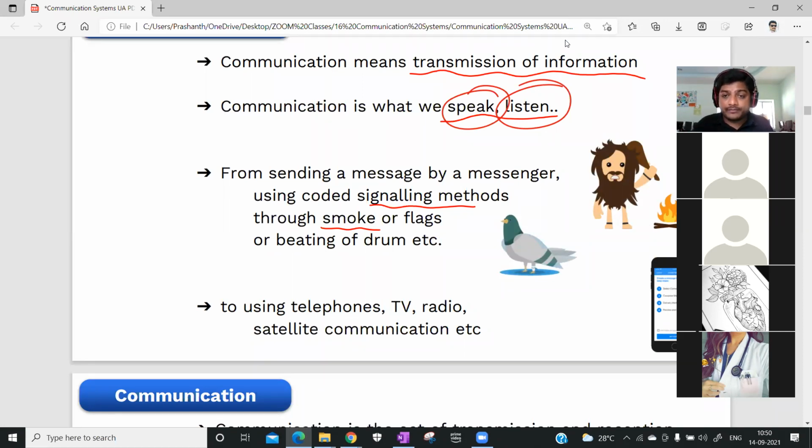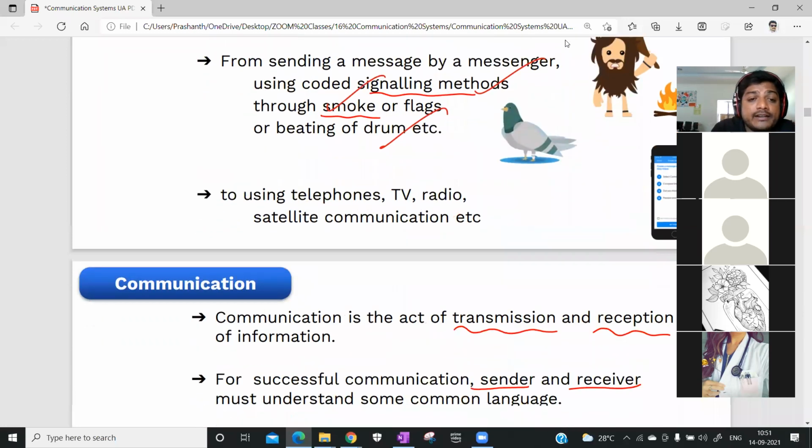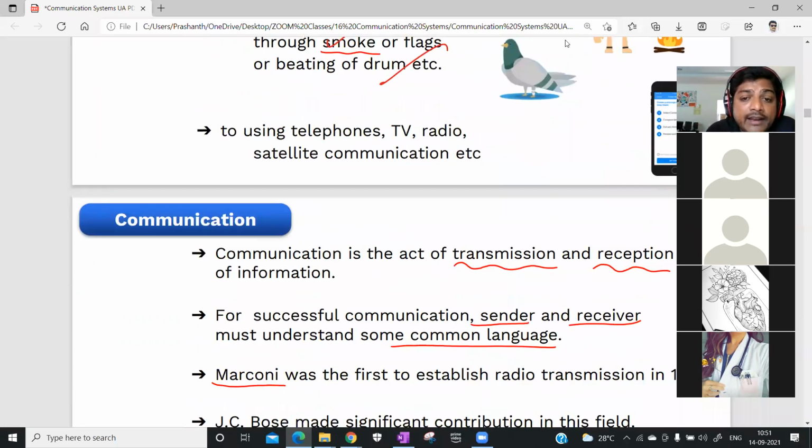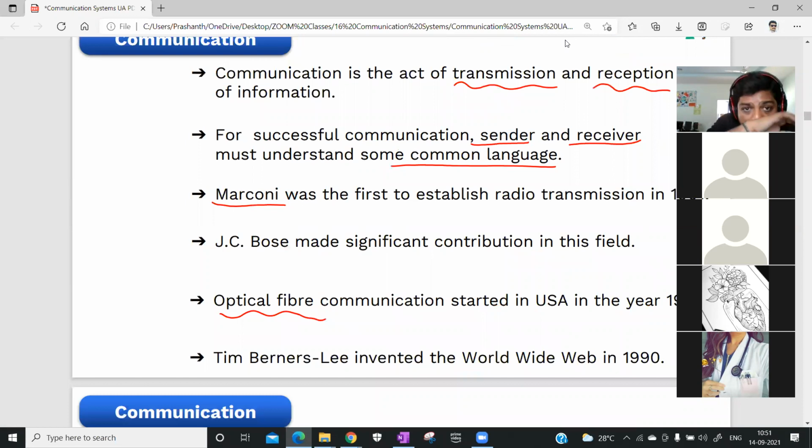Sending a message as a code signal. The signals may be code signaling, smoke, or beating of drums. Various types of processes are there. Using telephone, TV and satellite communication, these are all signals you already know.